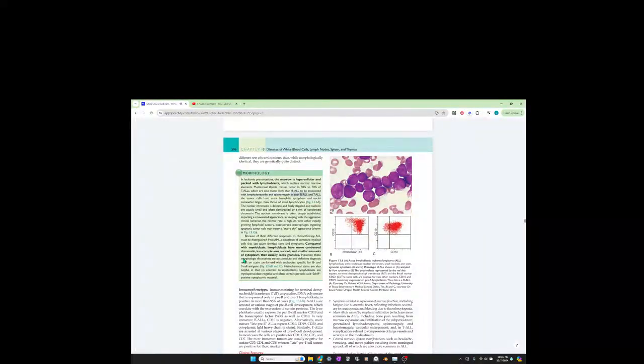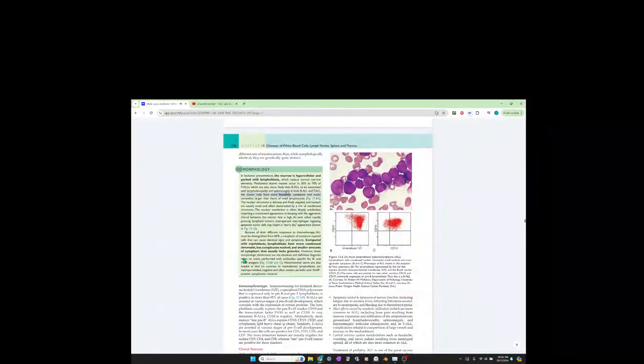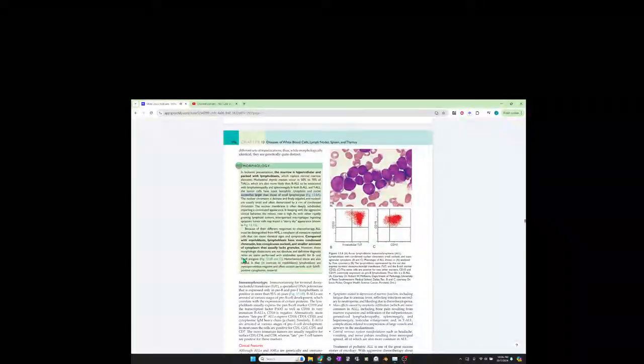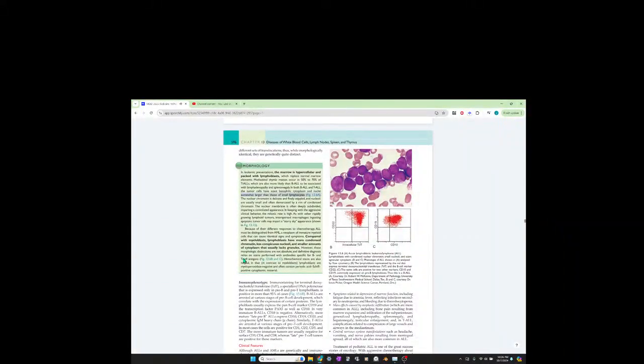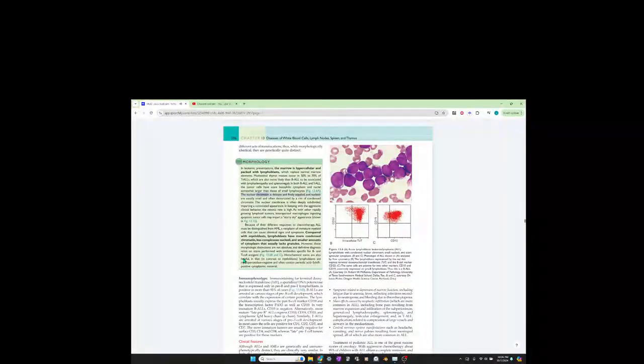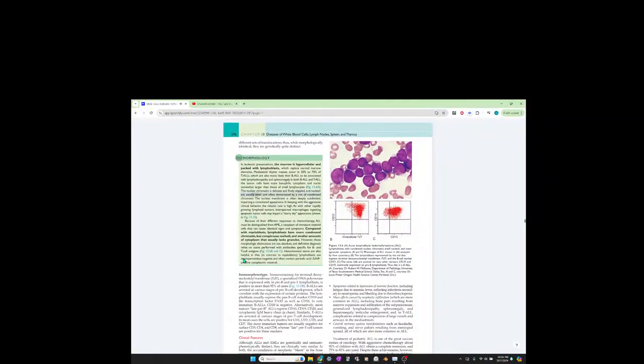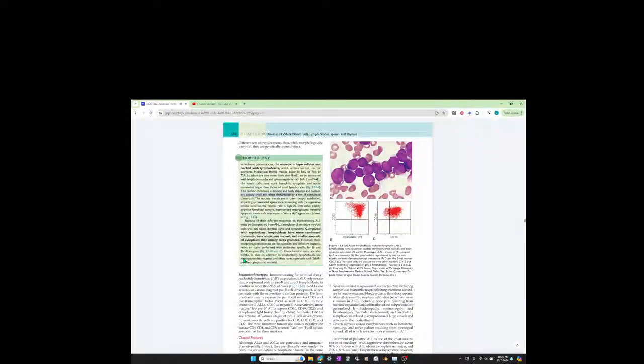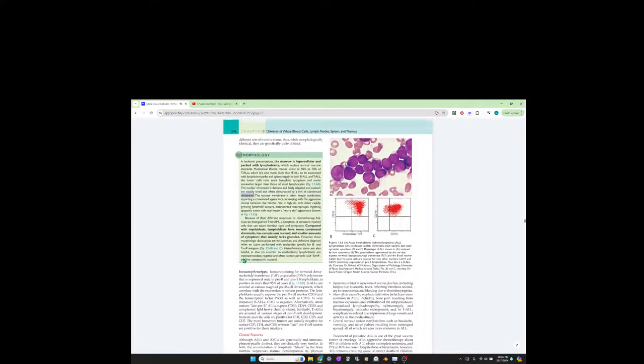In both B-ALL and T-ALL, the tumor cells have scant basophilic cytoplasm and nuclei somewhat larger than those of small lymphocytes. The nuclear chromatin is delicate and finely stippled, and nucleoli are usually small and often demarcated by a rim of condensed chromatin.